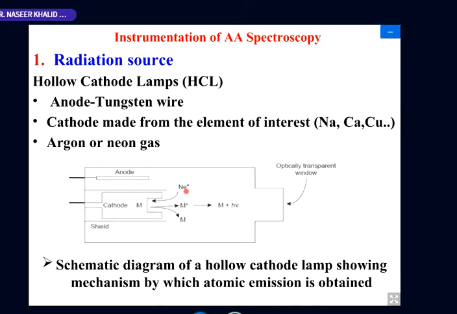Some of this high energy is transferred to neutral atoms, and they are excited. The excited atom comes back to its ground state and emits energy again.